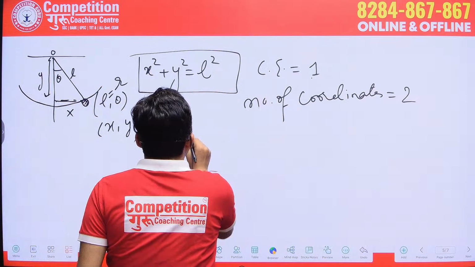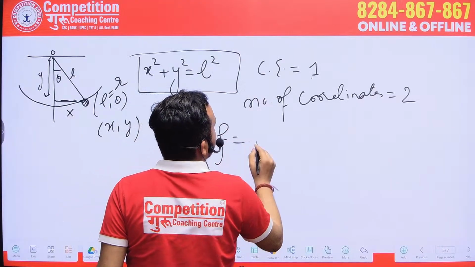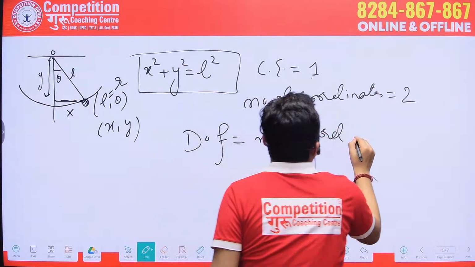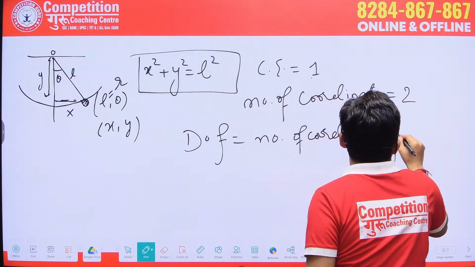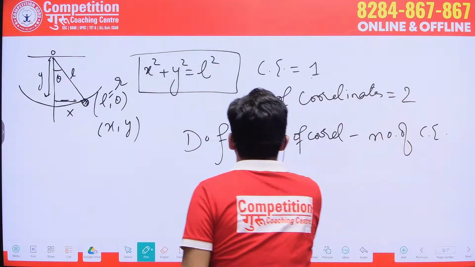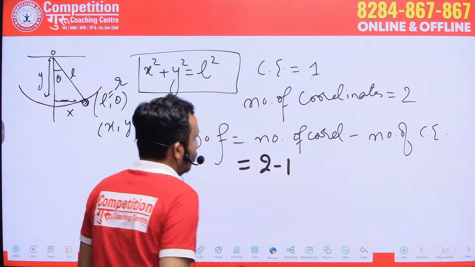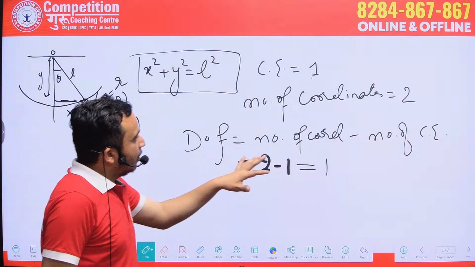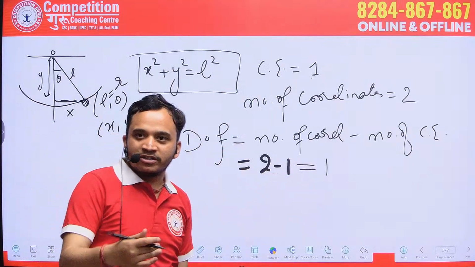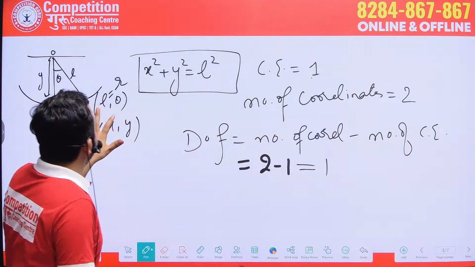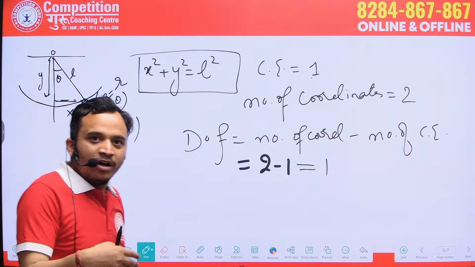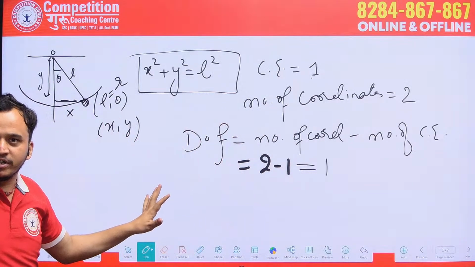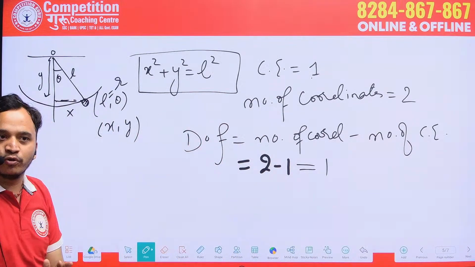The degree of freedom is the number of coordinates minus the number of constraint equations, which is 2 minus 1, equal to 1. So from this equation we can also find the degree of freedom. This is a very simple case. We also found the degree of freedom by the simple definition, which is 1, and from this formula it also comes out to be 1.